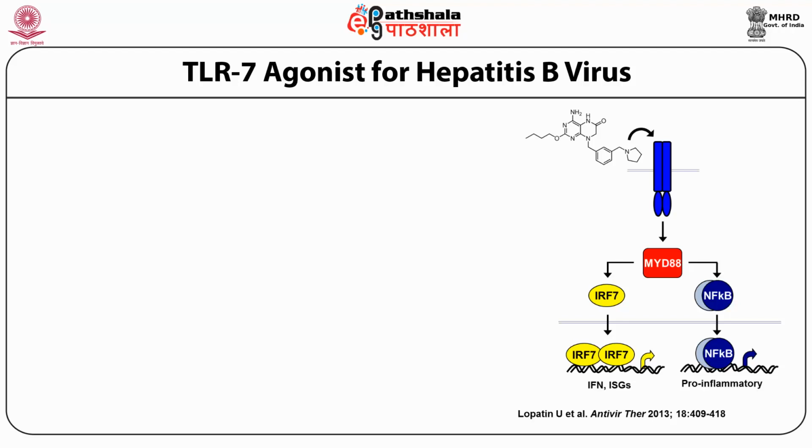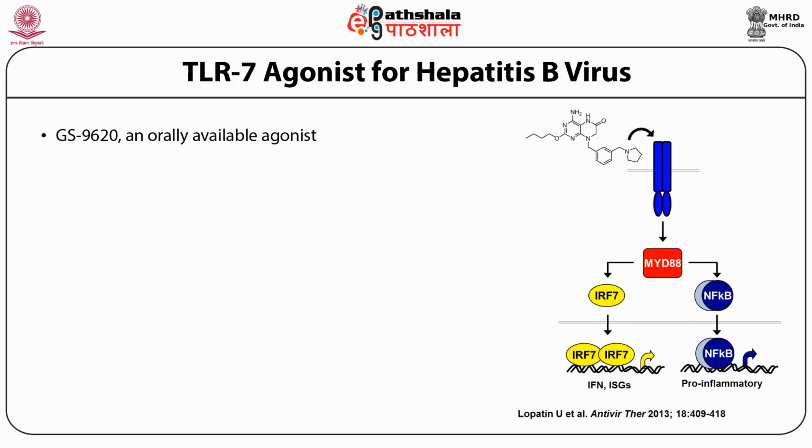They have made the agonist named GS9620, an orally available agonist, because these TLR7 agonists you can consume orally.